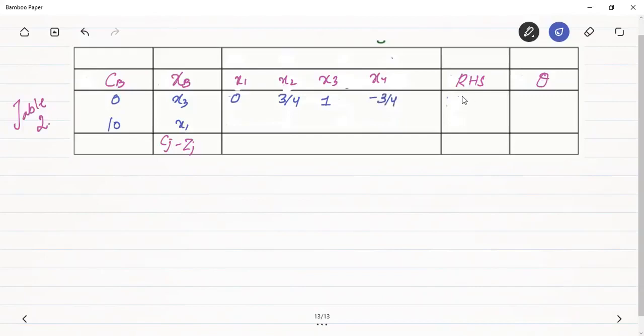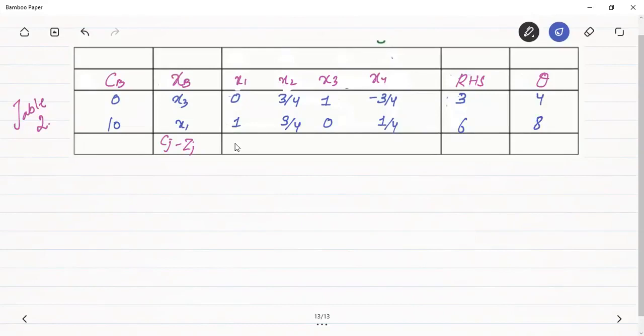RHS. So 3. And what about this? 1 3/4. 0 1/4. RHS. 6. Theta. 4 और 8.